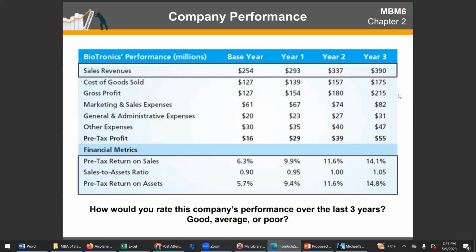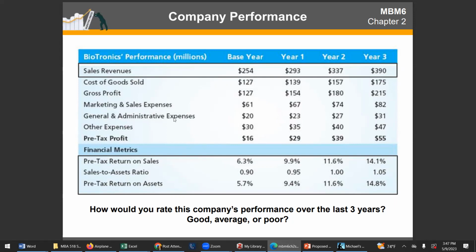We can see the gross profit is going up from 127 to 215. We see marketing and sales expenses going up from 61 to 82, kind of expected, and then general administrative going up as well.